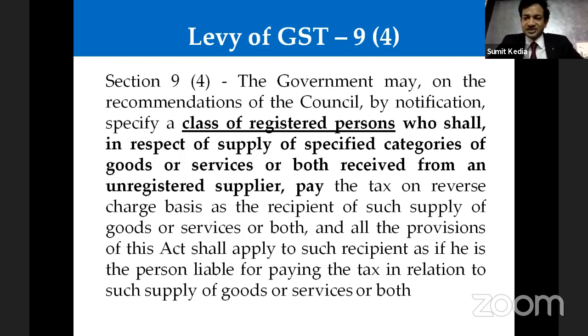Many of the builders are facing difficulty because any construction project might have around 30 to 40% of service element, and many of the labor contractors, labor individuals might be unregistered. So section 9.4 is applicable as on today only on the builders category.